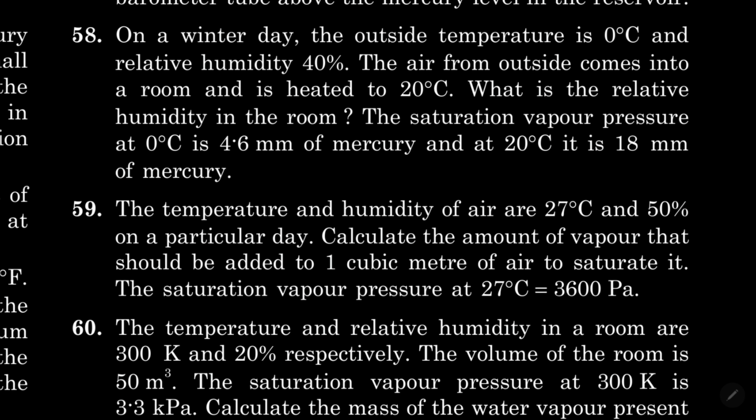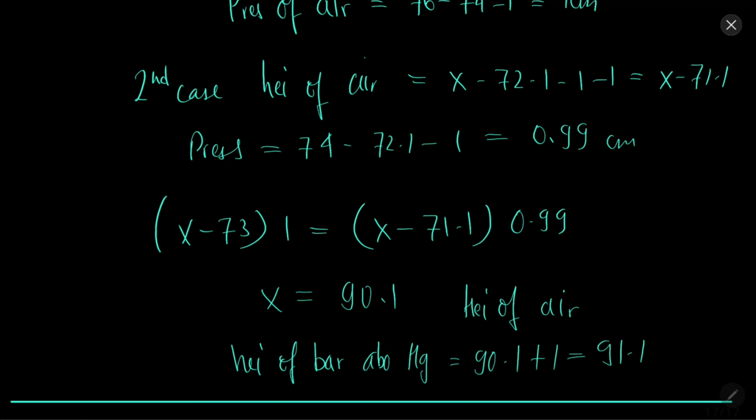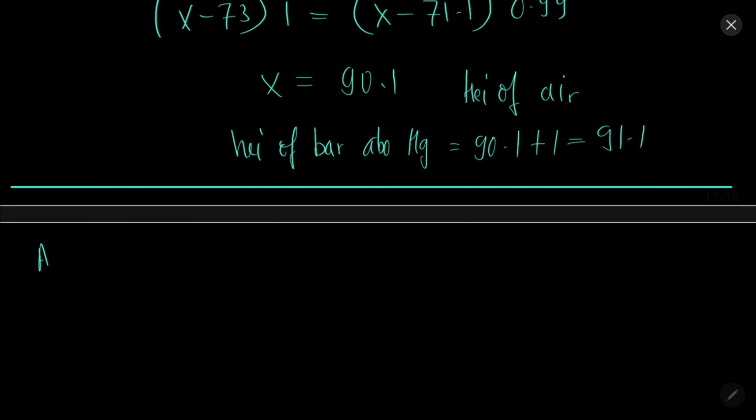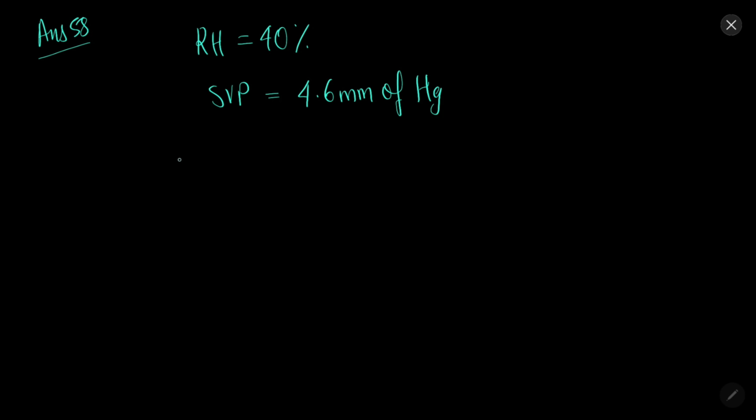In question 58, we need to find the relative humidity in the room. Solution 58. Relative humidity is 40%. SVP is 4.6 mm of Hg. 0.4 equals Vp over 4.6.